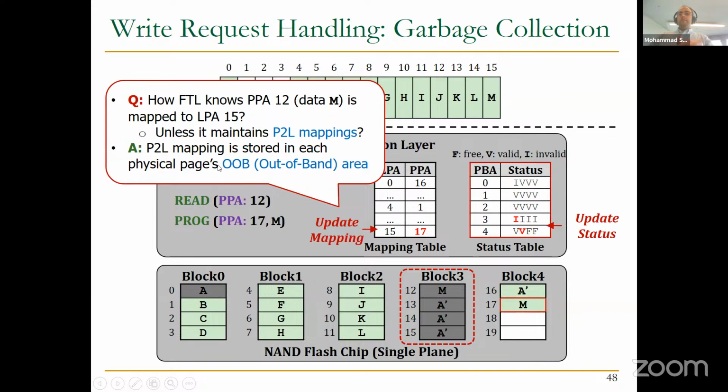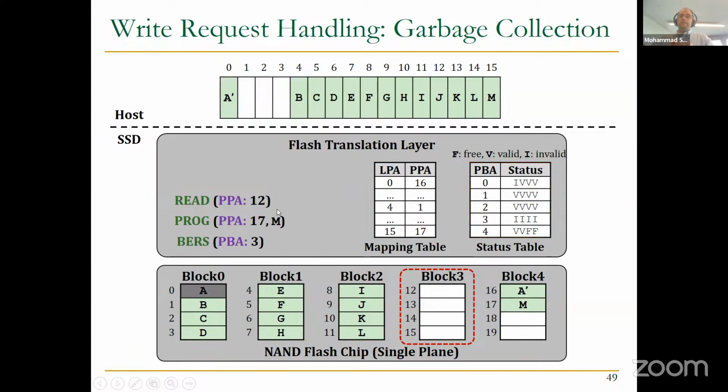Using that, you will realize that physical page address 12 is mapped to logical page address 15. With that information, you can look up the mapping table and update the physical page address location of logical page address 15.